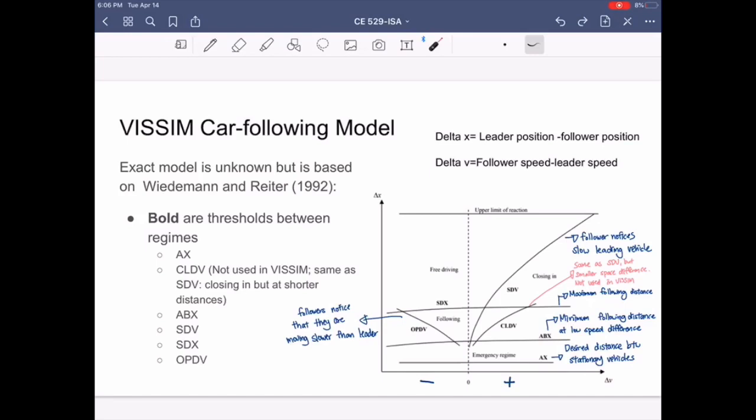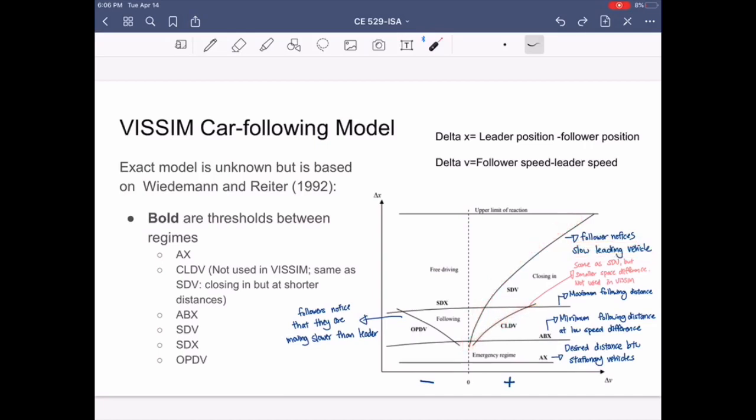First, the AX threshold represents the desired distance between stationary vehicles, and ABX represents the minimum following distance at low speed difference. SDX represents the maximum following distance. SDV is when the follower notices a slow leading vehicle.